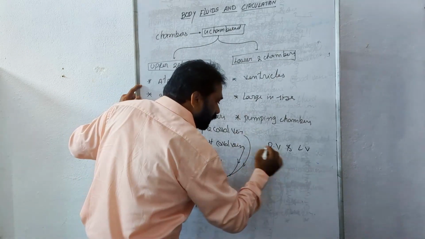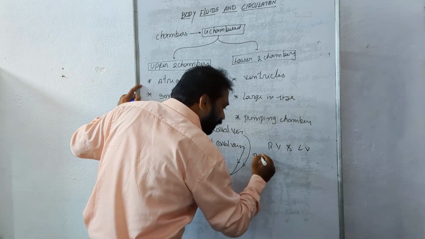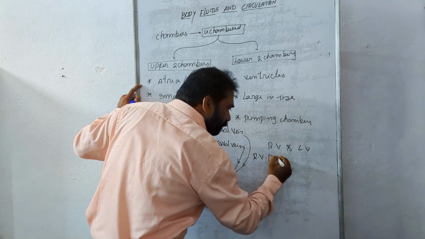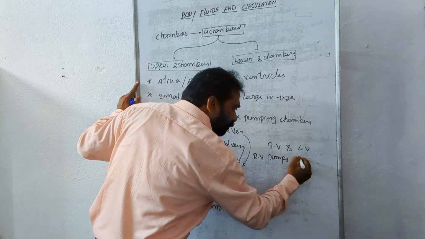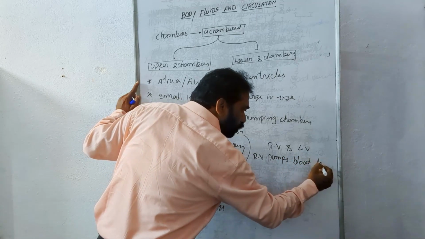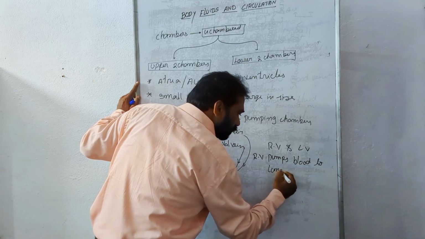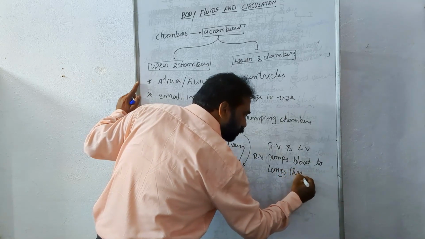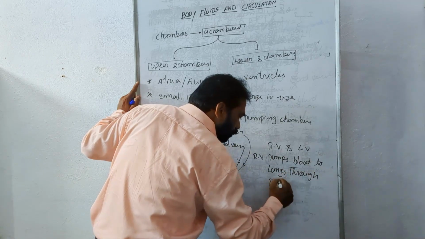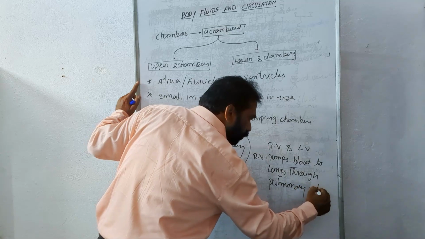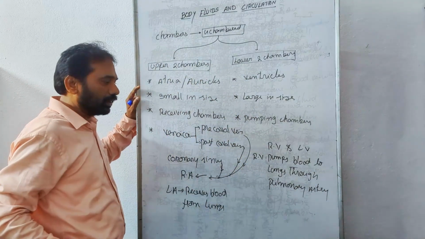See, this right ventricle, RV, pumps blood to lungs through pulmonary artery.